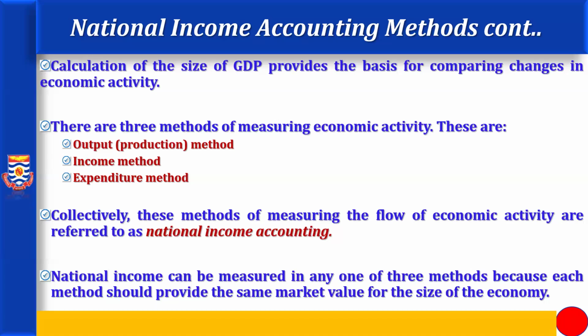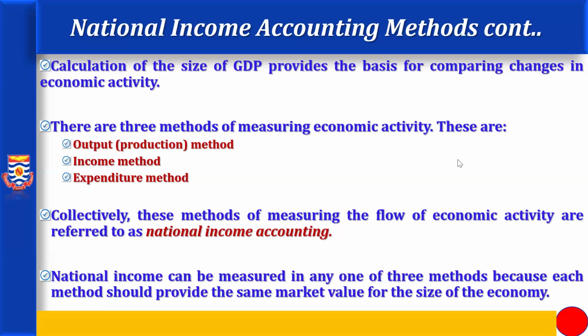Like for instance, they will pay their employees who sold the goods, they will pay their employees who manufactured the goods and services. They also pay profits to the firm itself and all that. So that is how come these three methods should be the same. The output method should be equal to the expenditure method and should be equal to the income method.